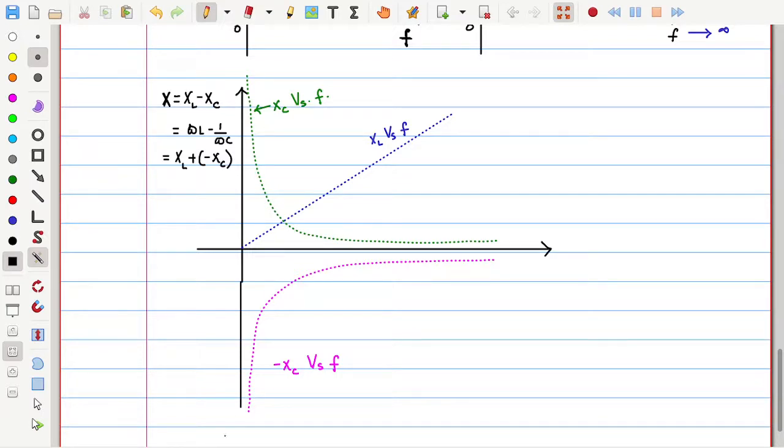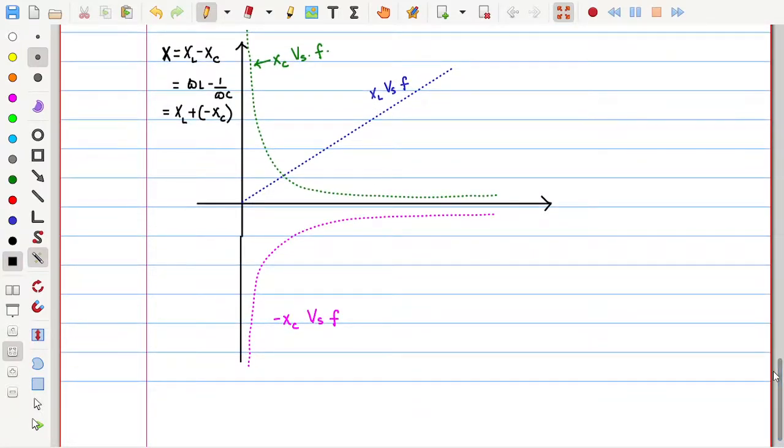So what kind of characteristics do we get? That is what is important for us.